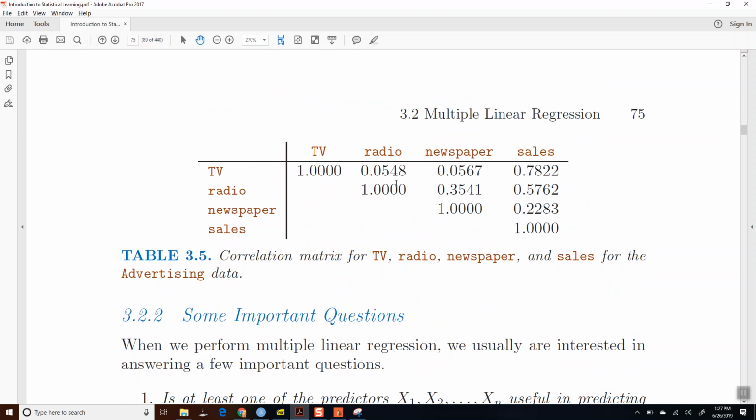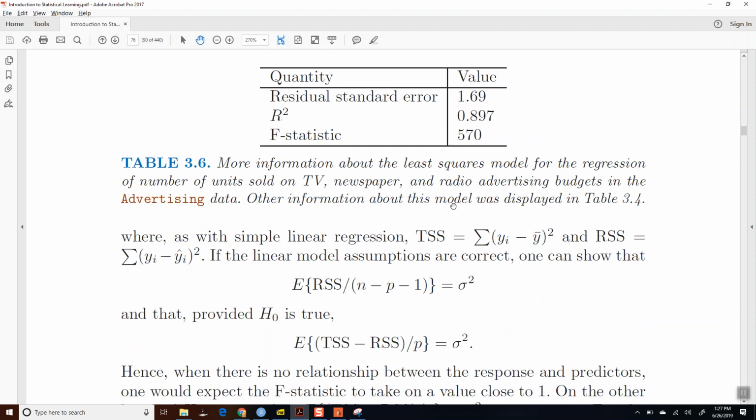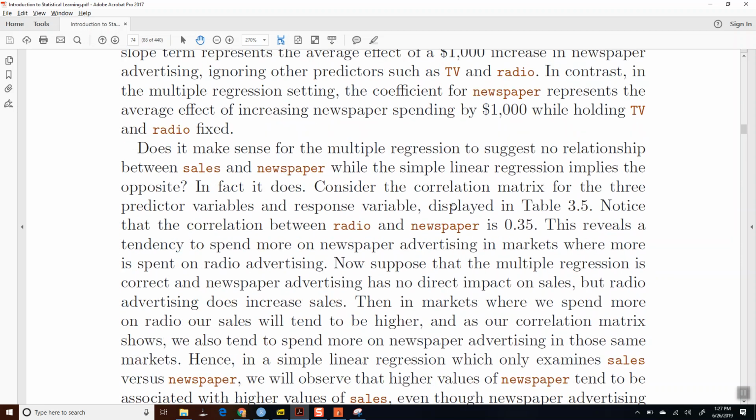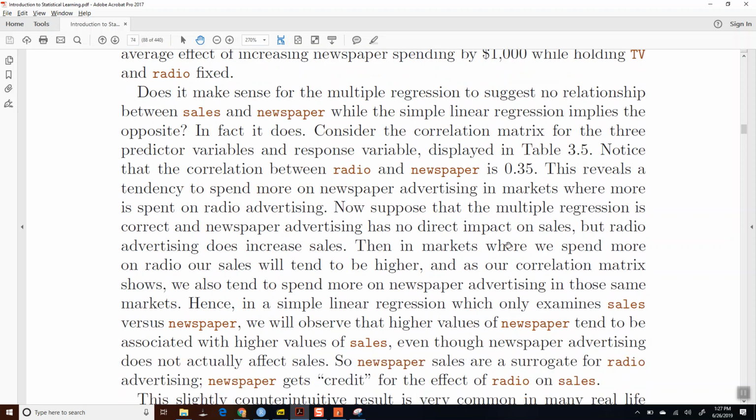So here's the correlation, and we're asking what's the correlation between TV and radio, TV and newspaper, and radio and newspaper. It says, notice that there's a correlation between radio and newspaper of positive 0.35. This says that when we spend more on newspaper advertising, we're also at the same time spending more on radio advertising, okay?